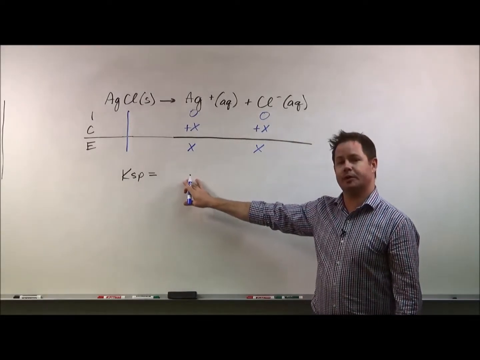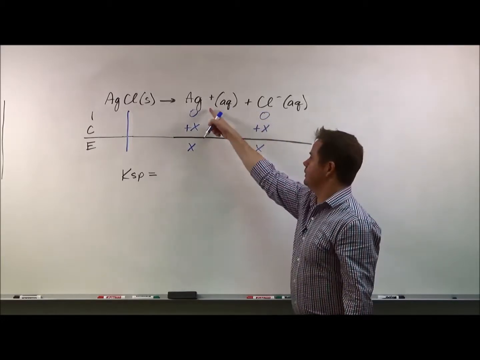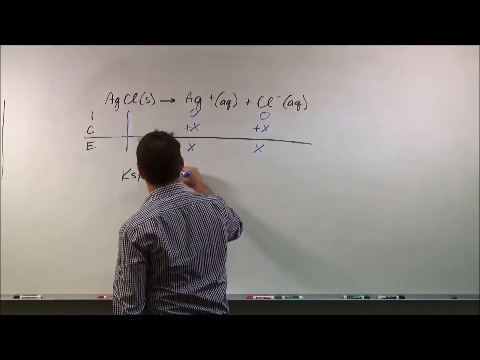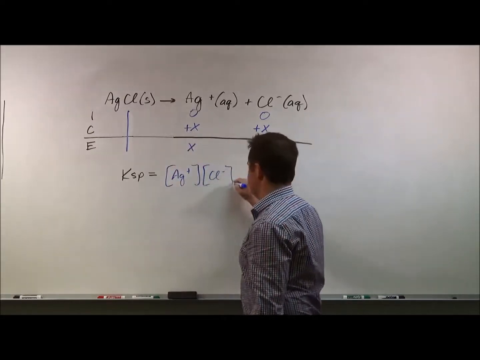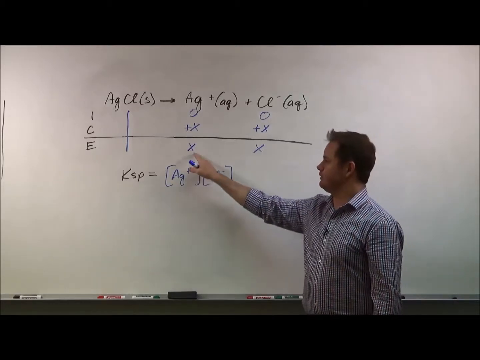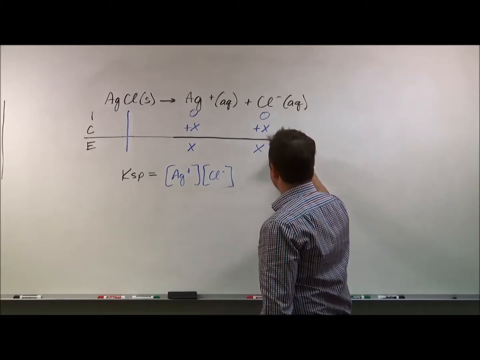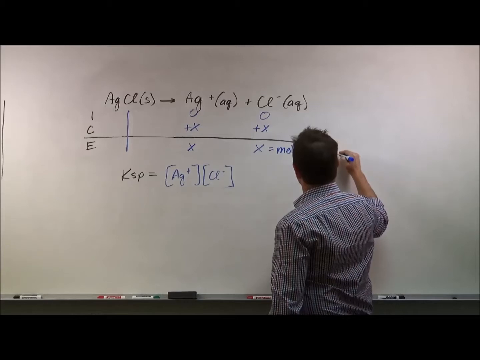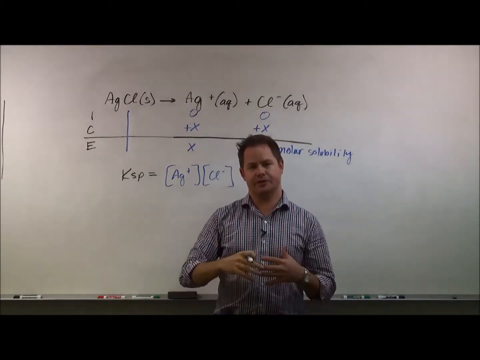And for your KSP expression, like we mentioned, KSP is the product of the concentration values of each of your products in the reaction. So you're going to multiply those concentrations together. The concentration of Ag plus times the concentration of Cl minus will give you your KSP expression. And here's where we plug in those values of X. And X, just so we know what it stands for, X stands for molar solubility, which basically is a way of saying, okay, how easy is it for this to break up in your solution?